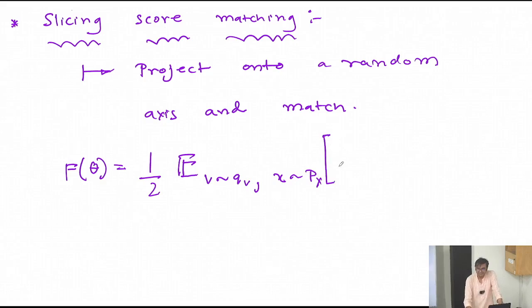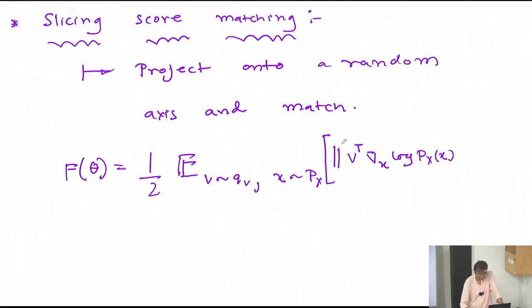And then inside, what is the norm you take? Norm of first was gradient of log probability. You will project it on V. So V transpose gradient of log p(x), right?